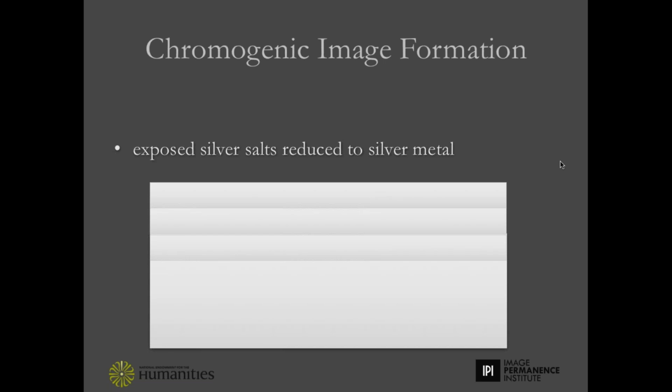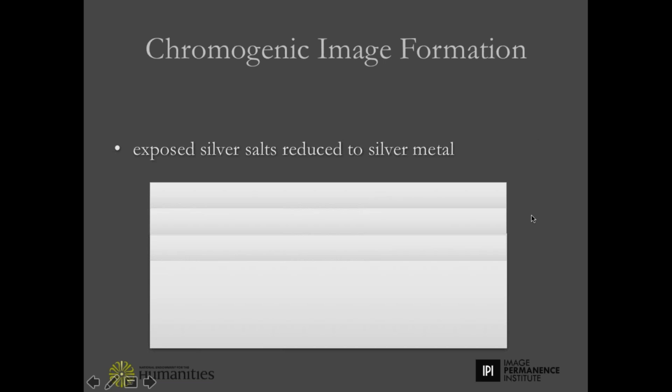This consists of a support coated with superimposed red, green, and blue light-sensitive silver halide layers. So silver halides in gelatin. These layers also include these colorless compounds called dye couplers, which will eventually form a subtractive color dye.